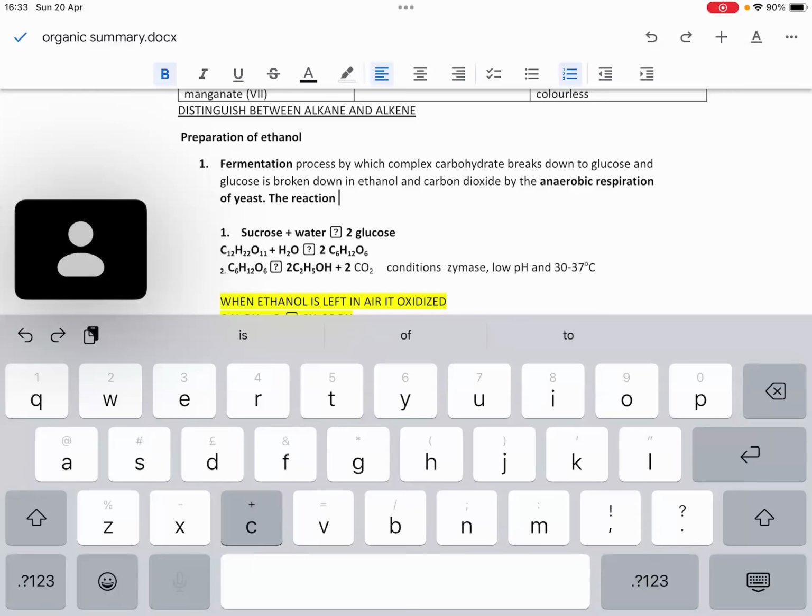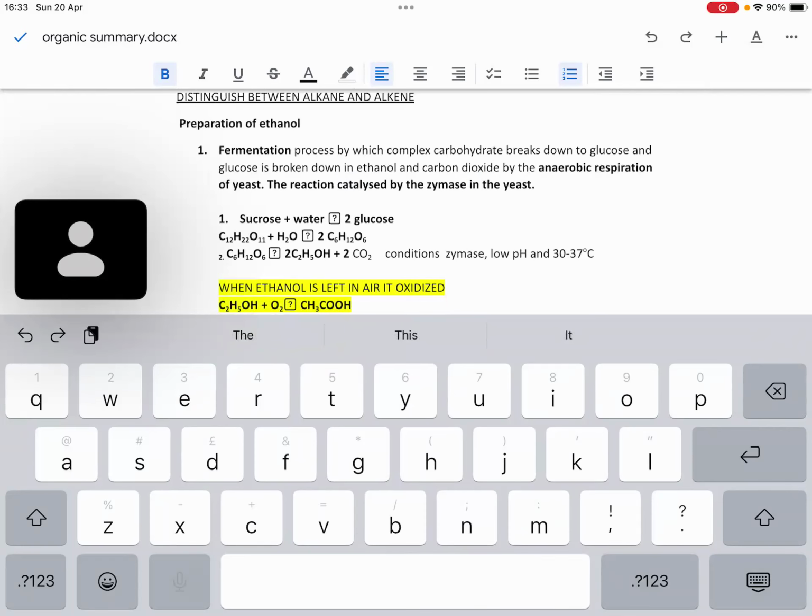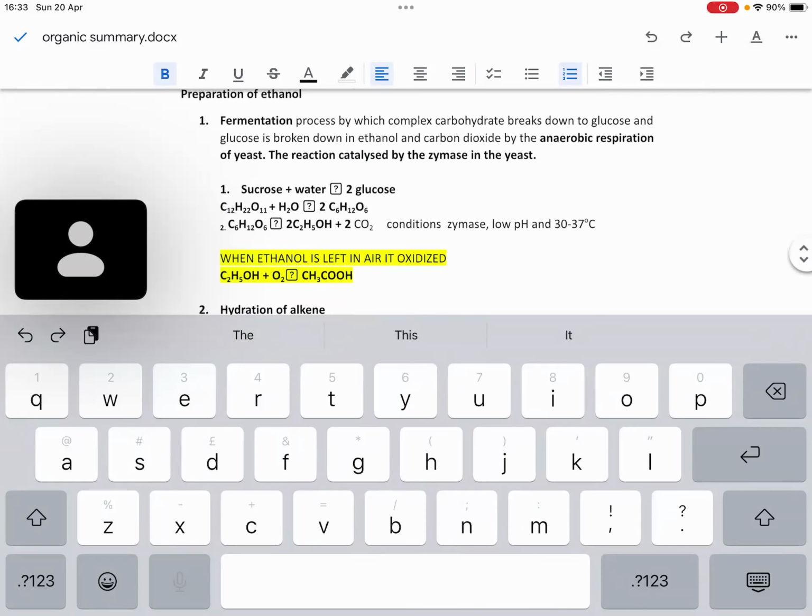CSEC, so they're looking for that term. So let me add it. It's catalyzed by the zymase in the yeast. If they ask you for 2 equations, we did only one yesterday, girls, but there's one particular past paper question.